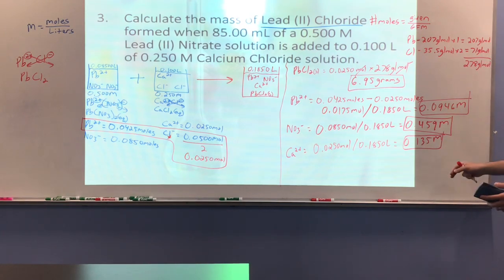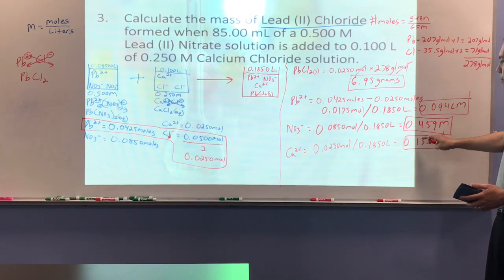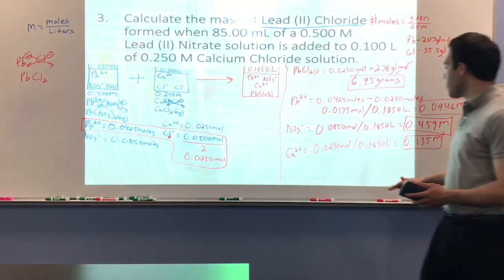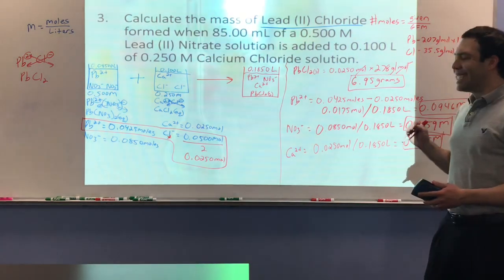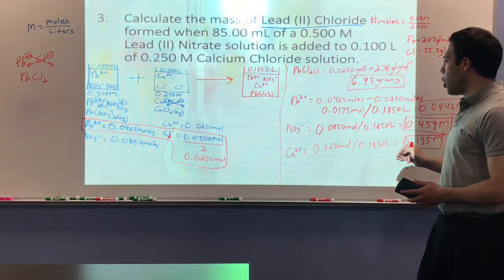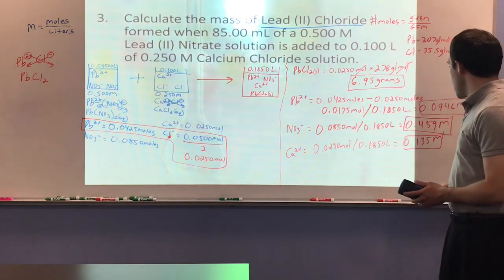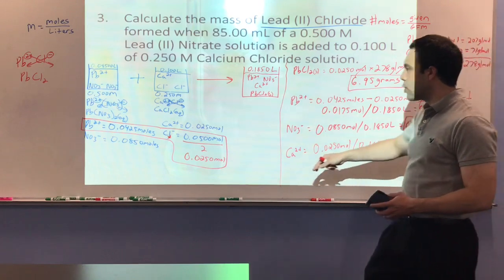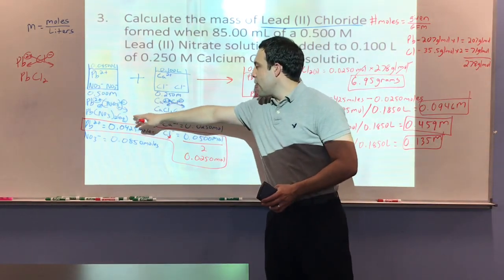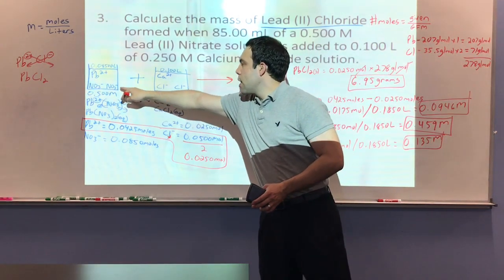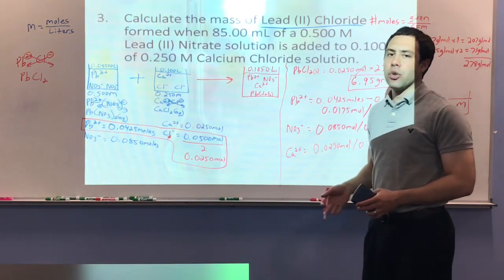Once again, you can see that the nitrate and the calcium 2+, their concentration decreased because they have been diluted. Nitrate, not as much, because remember, when we dissociated them into solution, they broke up into 2 nitrate ions.